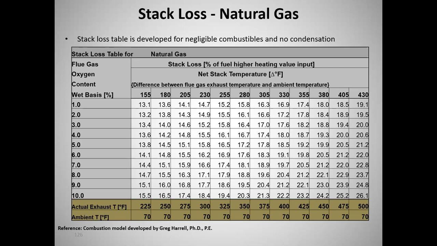So you see on the left-hand column, we have the flue gas oxygen content, and that's measured on a wet basis. Okay, we've not talked about wet and dry basis. Most portable combustion analyzers, most of the time, I think, these measurements are taken with water vapor still in the flue gas.